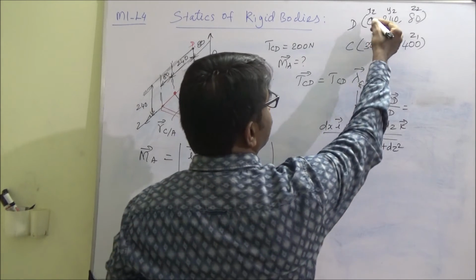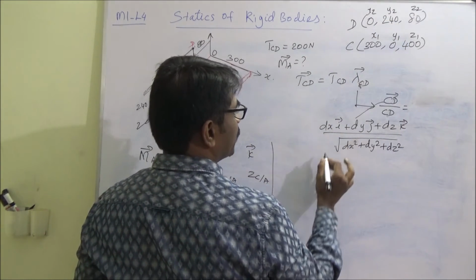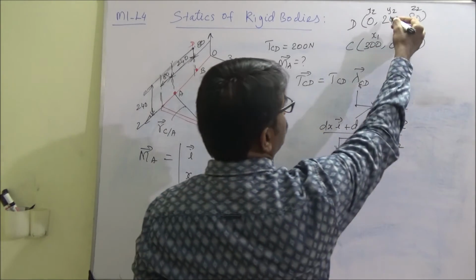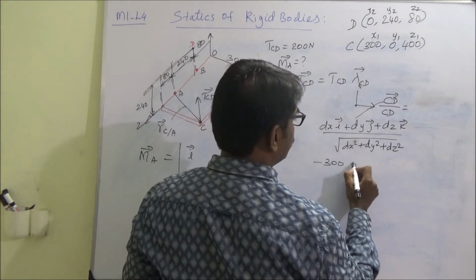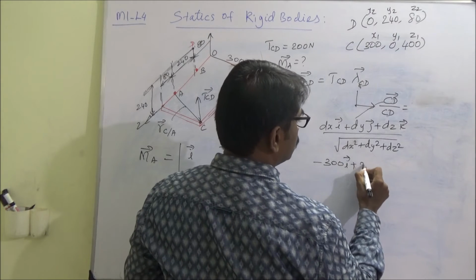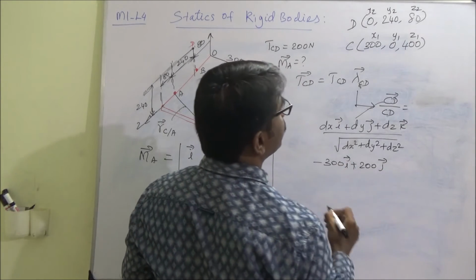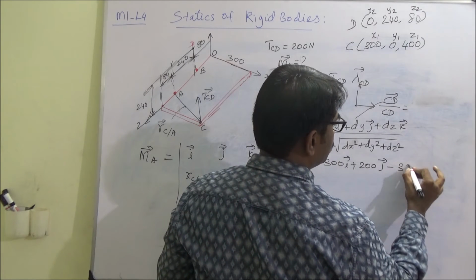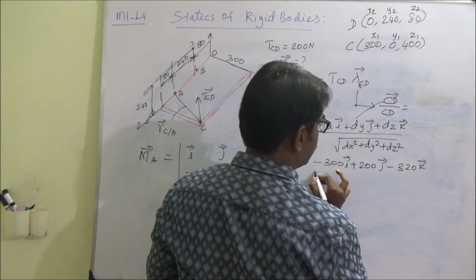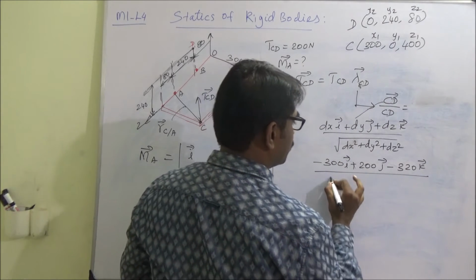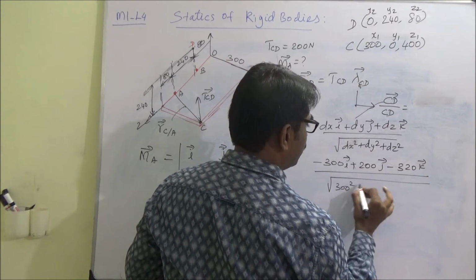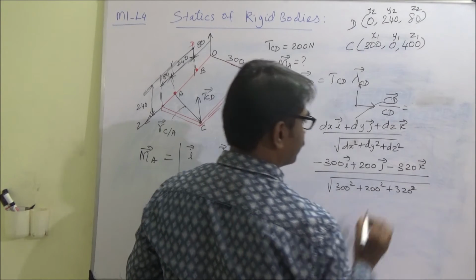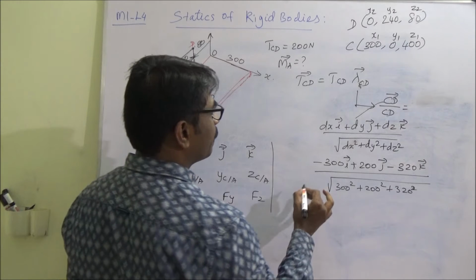Okay, then x2 minus x1 is this, minus 300 i vector, y2 minus y1 plus 200 j vector, 80 minus 400, minus 320 k vector, divided by under root 300 square plus 200 square plus 320 square.